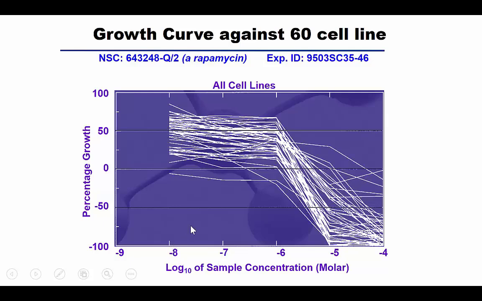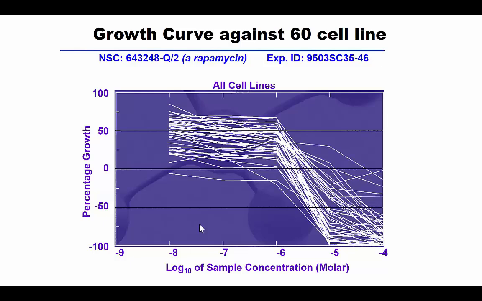So that means the data looks like 1, 2, 3, 4, 5 concentration tests against 60 different cancer cell lines that they keep as standard cells.